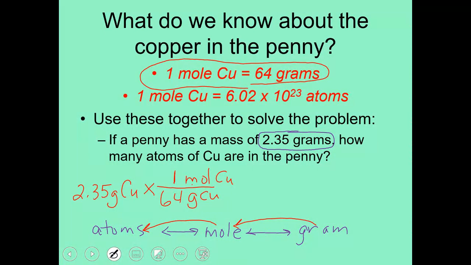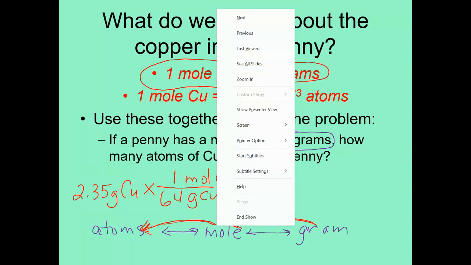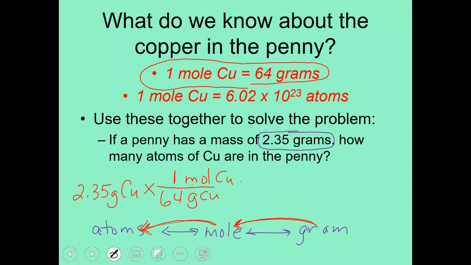So now that allowed us to convert from grams into moles, but now we need to do 2 steps. We need to convert from moles into atoms. So we're going to add another step. Since the moles is on the top over here, we will put it on the bottom over here, and we will convert from moles to atoms.